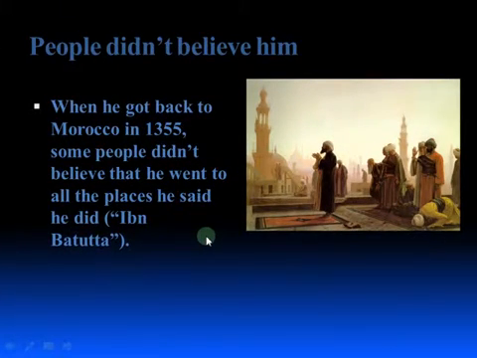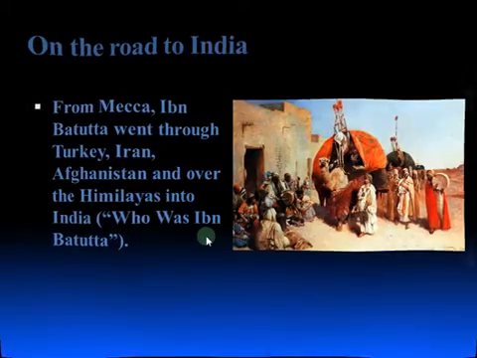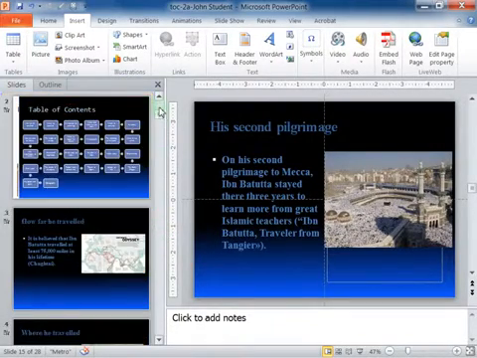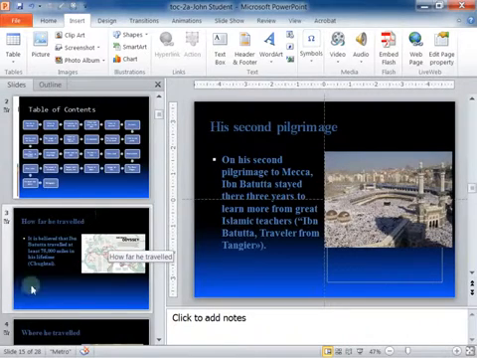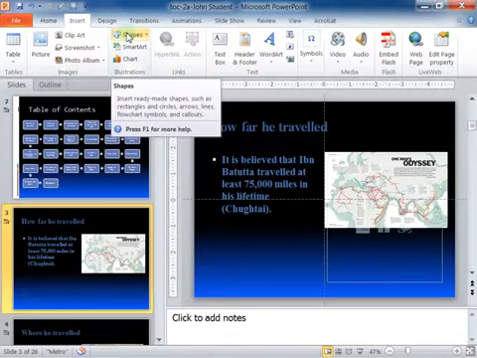Well, here's one of the problems: it won't take you back. In order to get back, you have to do something like this, or something like this. So another thing you can do is create, on each slide, if you go up here to insert, it can be any shape you want.